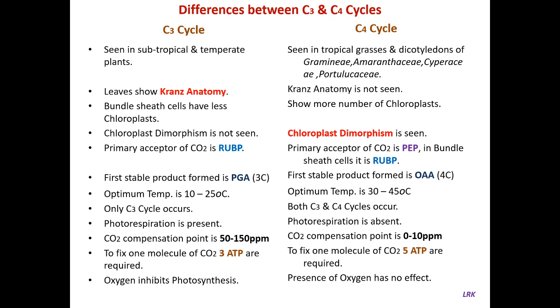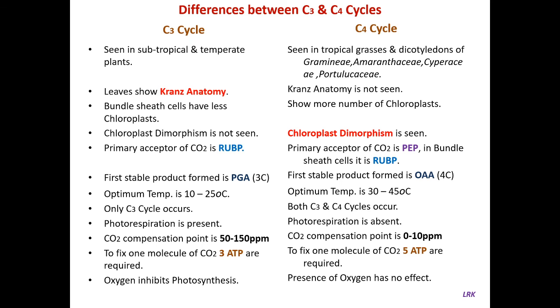The optimum temperature is 10 to 25 degrees centigrade for C3 plants, and for C4 plants, it is 30 to 45 degrees centigrade. In C3 plants, only the C3 cycle occurs, but in C4 plants, both the C3 and C4 cycles occur. Photorespiration is present in C3 plants and absent in C4 plants.